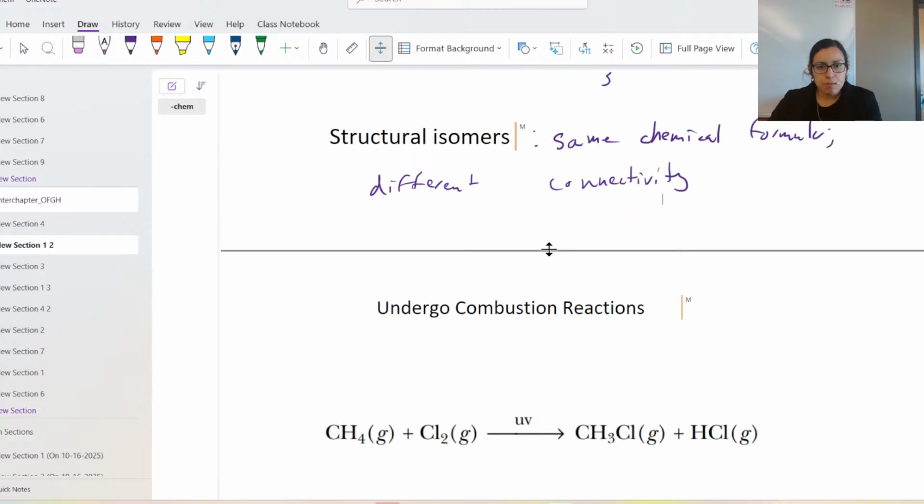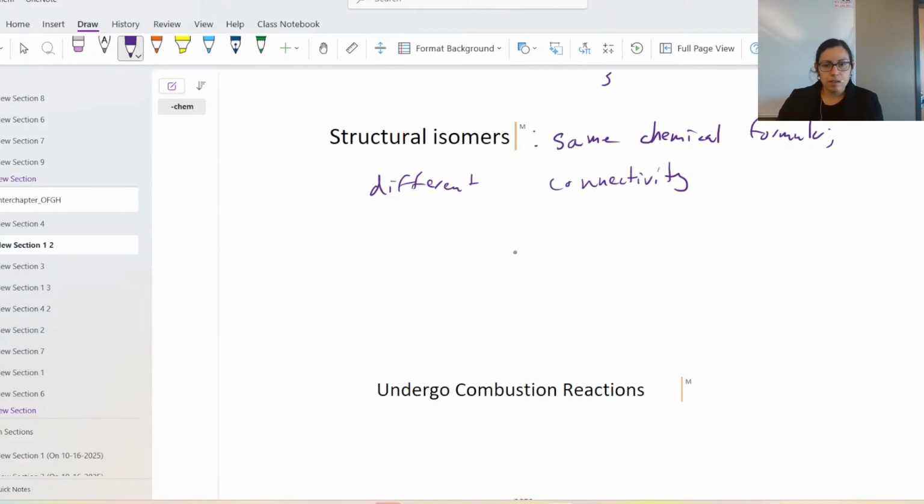And I believe we've already seen this somewhat in our esters versus alcohols. So they would have the same formula. So right, we could look at this.